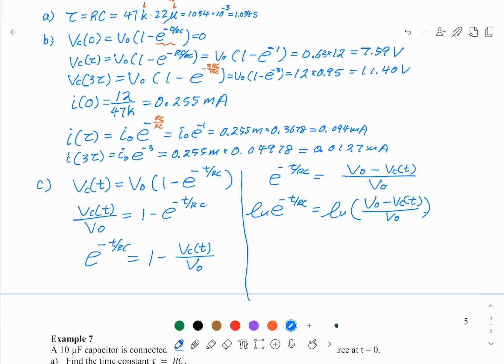And the left hand side becomes minus t over RC. And the right hand side, this is log, minus.